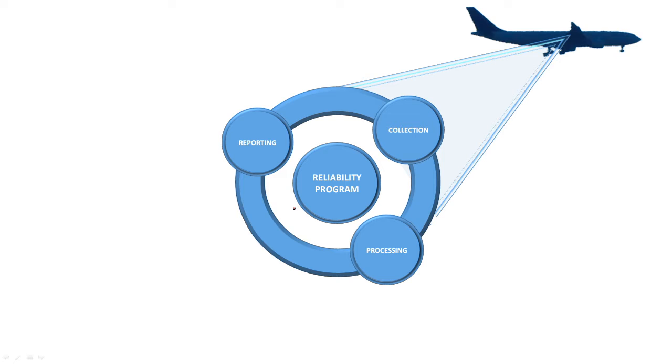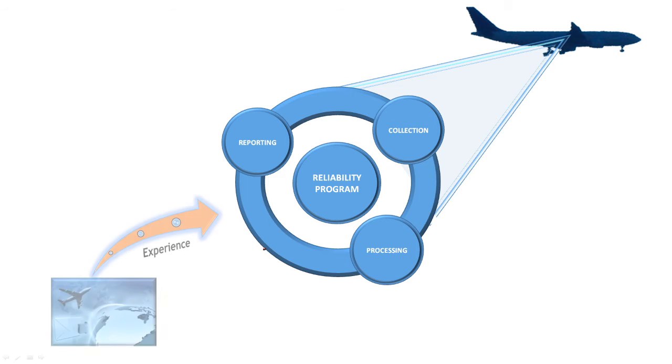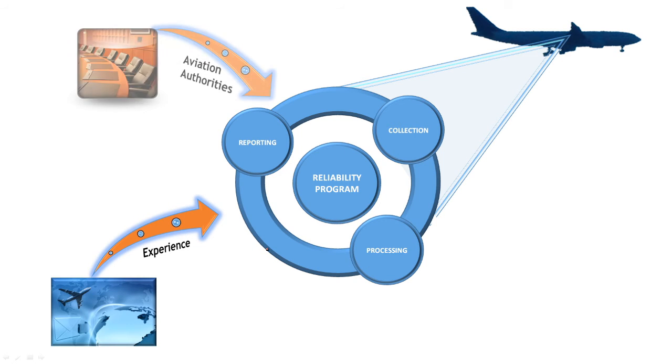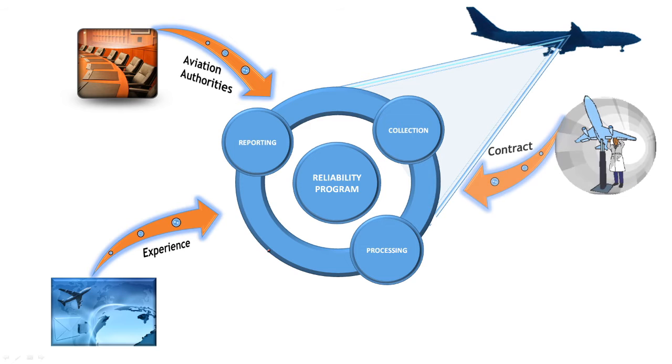And the third part: all these subjects, all these systems should be based on our experience, based on our aviation authorities requirements, and based on our contractual agreements. Those are the major parts of our entire system that we call the reliability system, which can also be part of the safety system and the aircraft economic system.